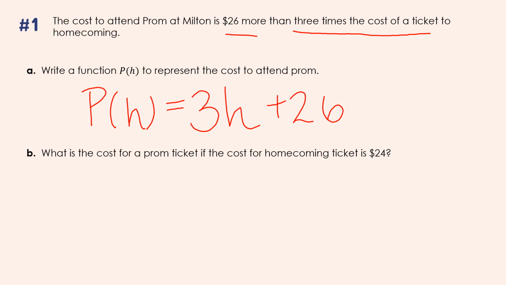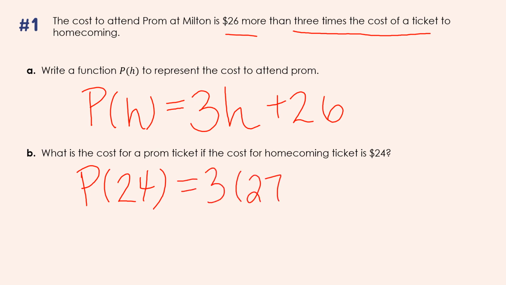So what is the cost for a prom ticket if the homecoming ticket is 24? All right, well, let's put 24 in for H, because H represents the cost of that homecoming ticket. So we're going to do 3 times 24, and then we are going to add 26. Again, you can do the mental math, you can use a calculator.